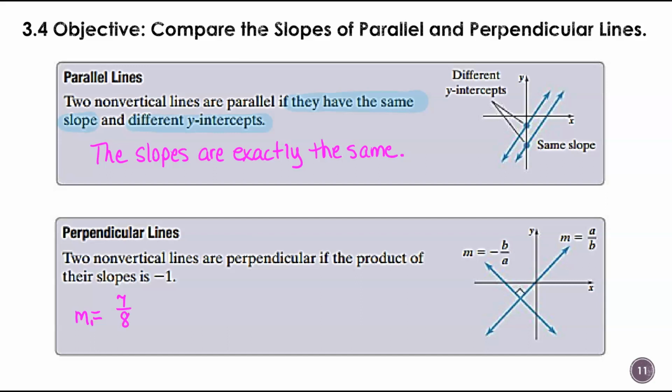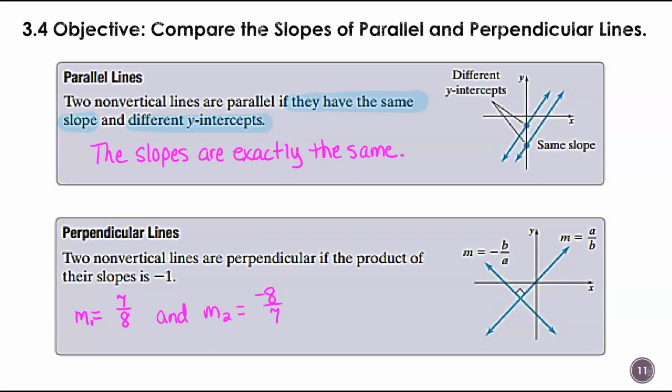And then the slope of my other line was -8/7. Now if I multiply those, I get -56/56, which is -1, right? So that's one way to look at it.